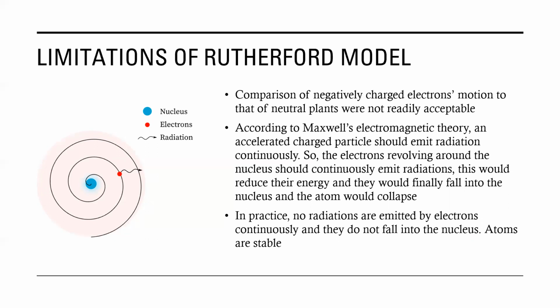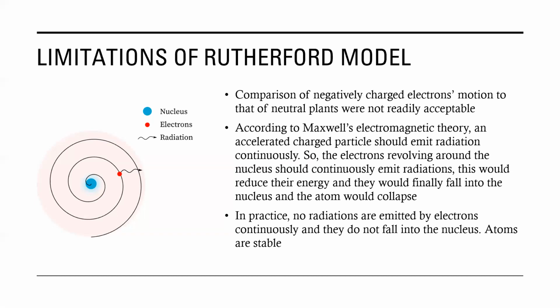That was some of the discussion that happened between the scientists when Rutherford put forward this model of an atom. But there was a serious limitation noted by scientists: according to the then prevailing Maxwell's electromagnetic theory, an accelerated charged particle should emit radiation continuously. We have learned what electromagnetic radiations are. It's a combination of electric and magnetic field.